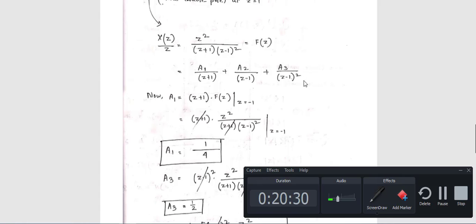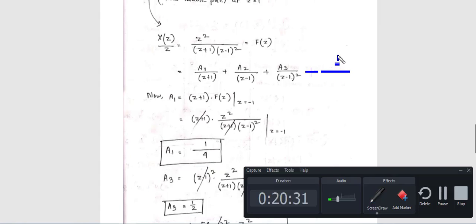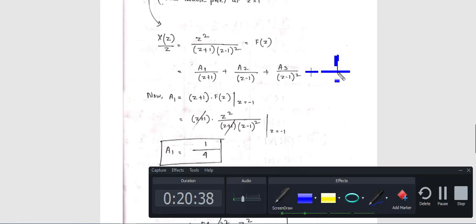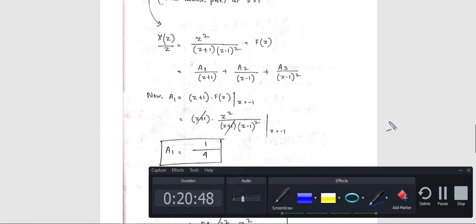Next, you have to add one extra part, so it will be plus a4. Oh sorry, I have to take this one. Okay, so neglect this part. Suppose here you have this cube, that means you have to take another function like this.